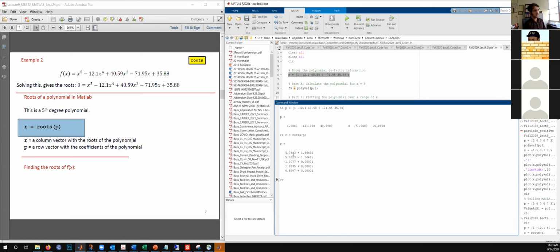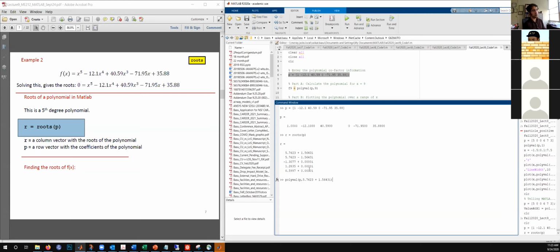Now, there is a quick way to check if this is indeed the case. So let's try this. Let's type polyval(p, and instead of a value for x, I type in one of the roots. So can anyone tell me what should be the answer for this? 0. 0, right?